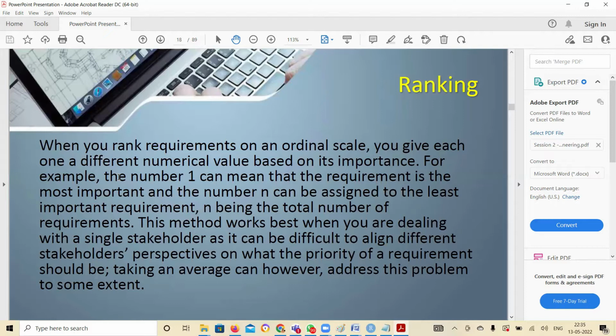If you have 20 requirements, the one that has rank 1 is the requirement that you will develop first, isn't it? So ranking is important, because that tells you which one to be developed when.